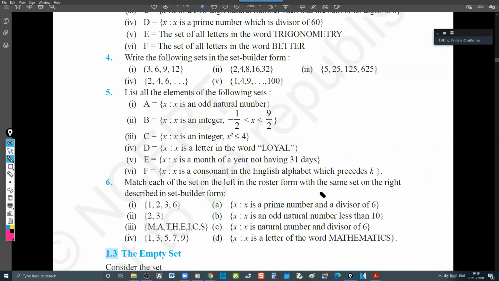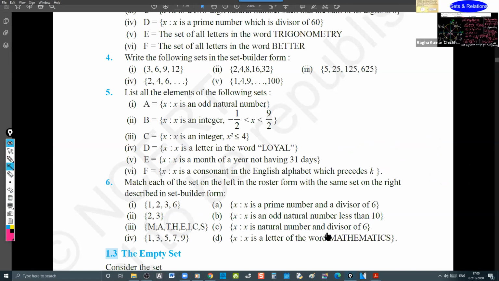Match each of the sets on the left in the roster form with the same set on the right described in set builder form. The first one I would match with C: 1, 2, 3, 6.